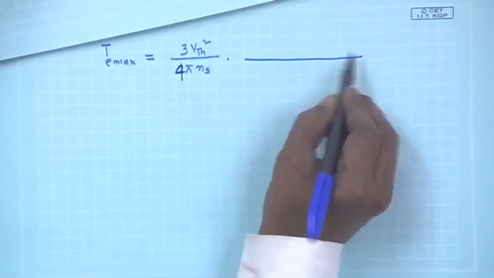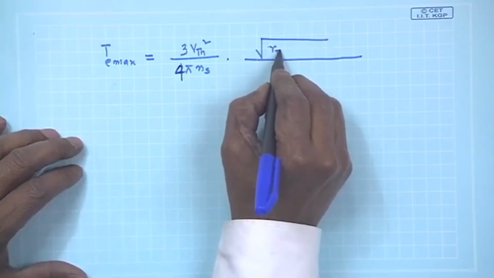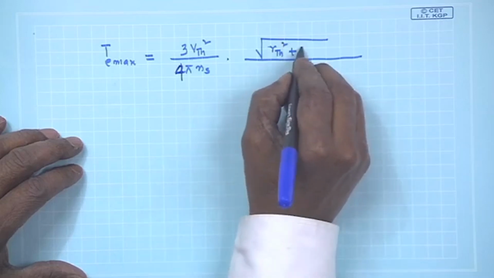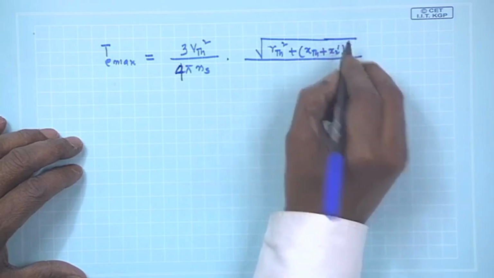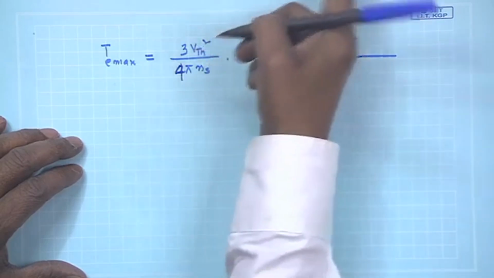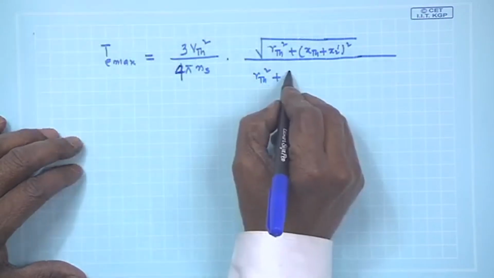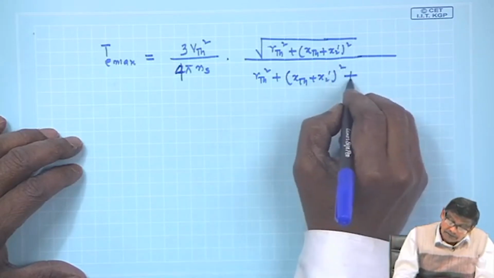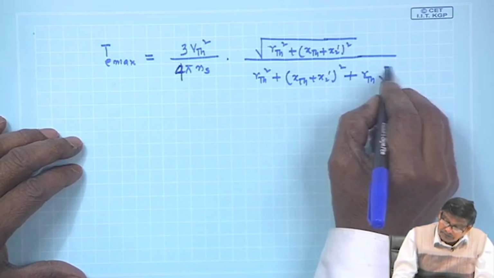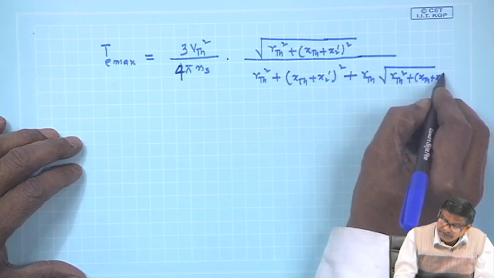and then okay, let me write this step. So, on the numerator it will be R Thevenin squared plus x Thevenins plus x 2 dash squared divided by this is R Thevenin squared plus, these 2 I have taken outside, x Thevenins plus x 2 dash squared plus R Thevenins square root of R Thevenin squared plus x Thevenins plus x 2 dash squared.